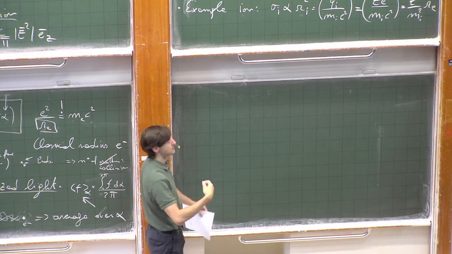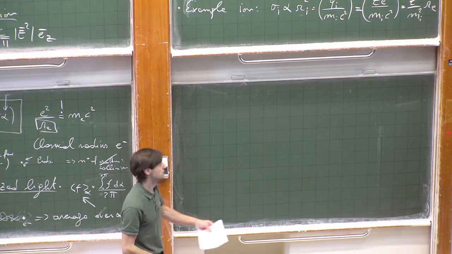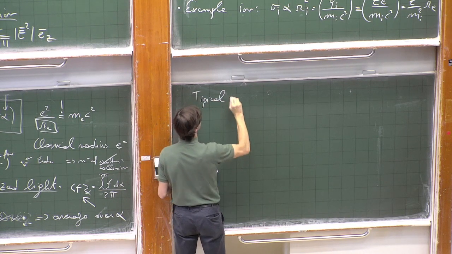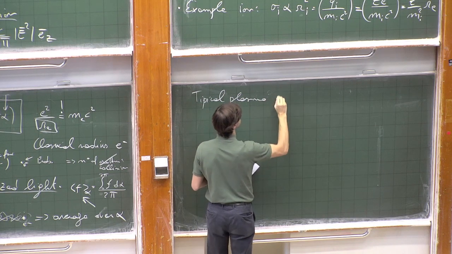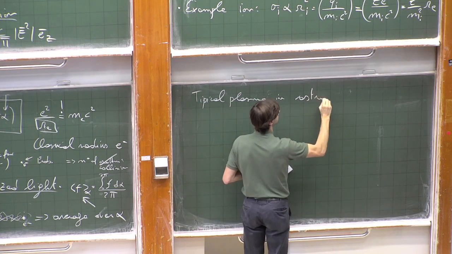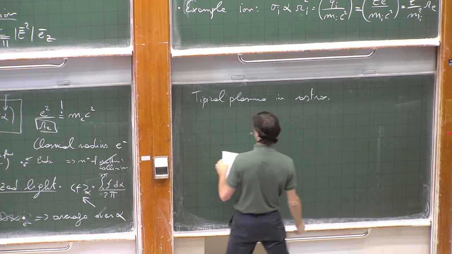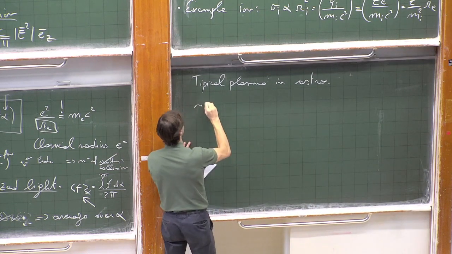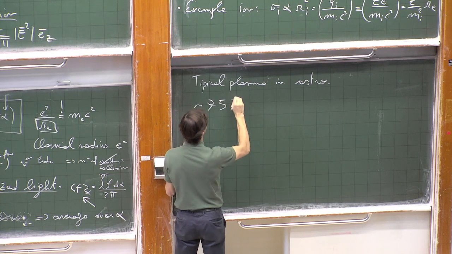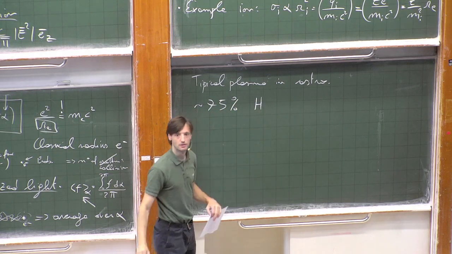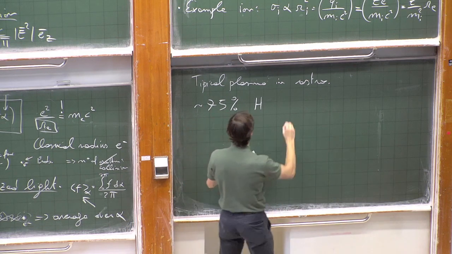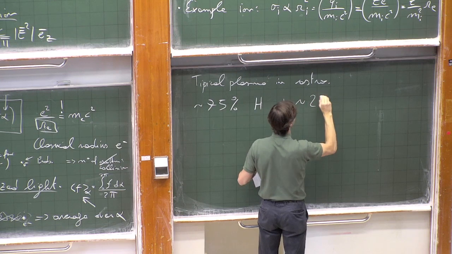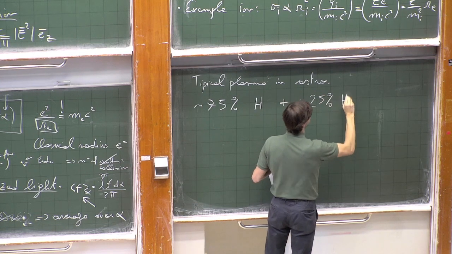Well, now, let's give a look at typical astrophysical plasmas, okay? In astrophysics, what do we have? Typically, we have that 75% of all what you get is hydrogen, plus basically the rest, 25%, is helium.